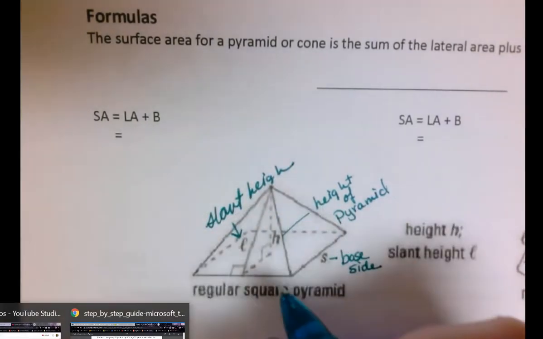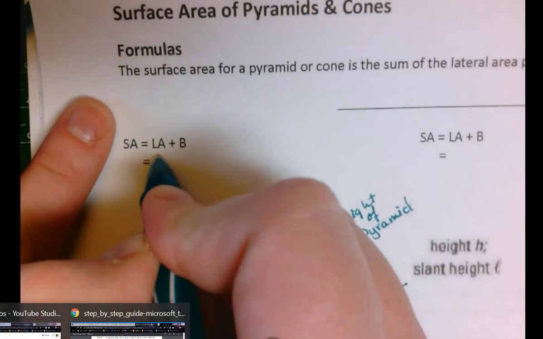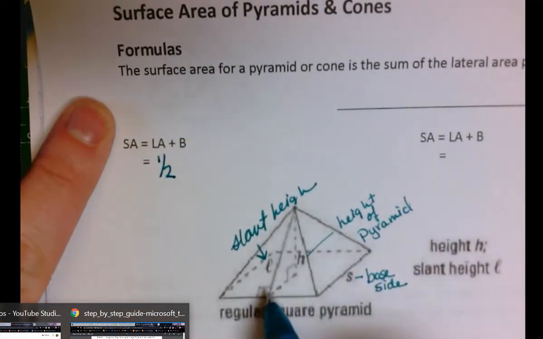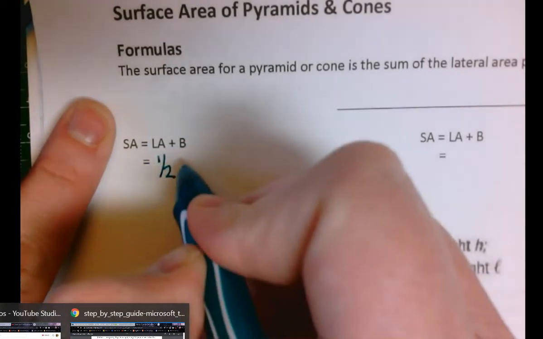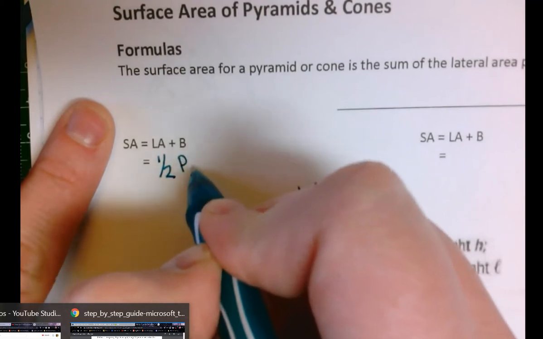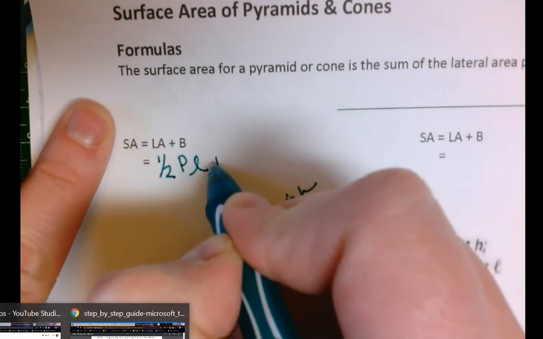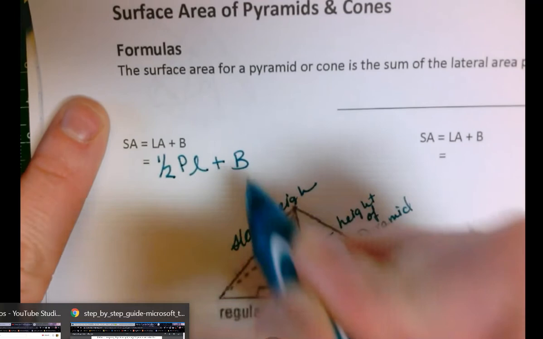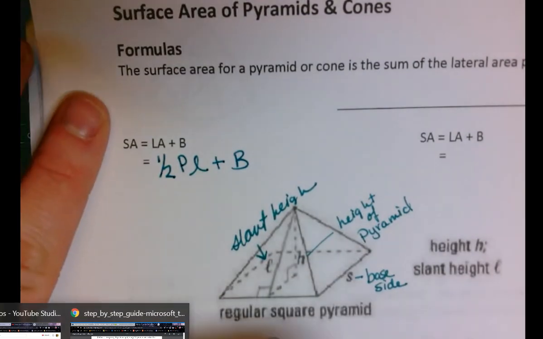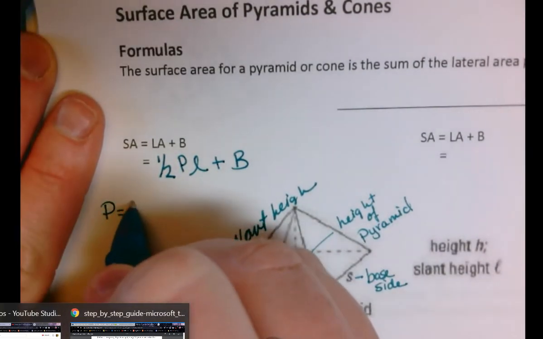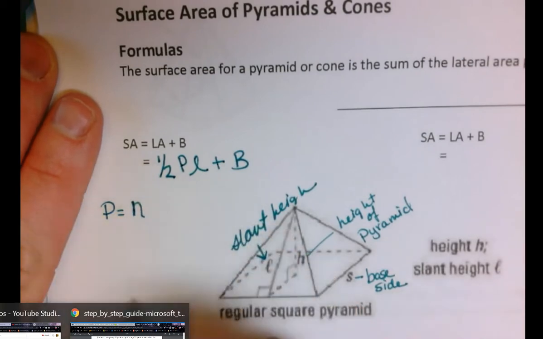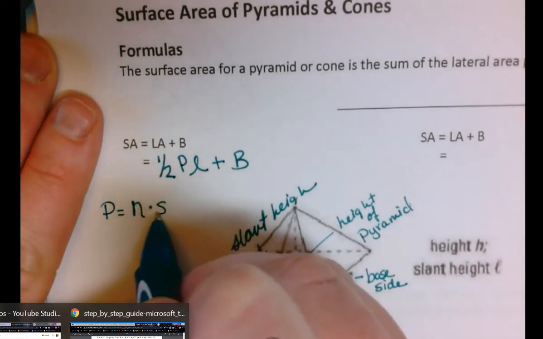So lateral area is going to be 1/2 your perimeter, so the distance of all 4 sides, perimeter times slant height, plus your base. P equals perimeter, which is the number of sides times your side length.